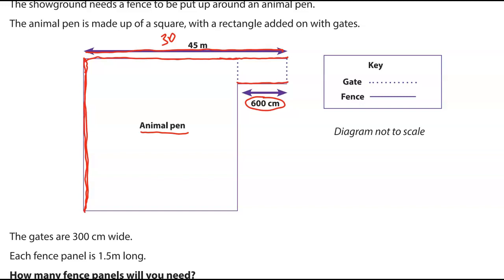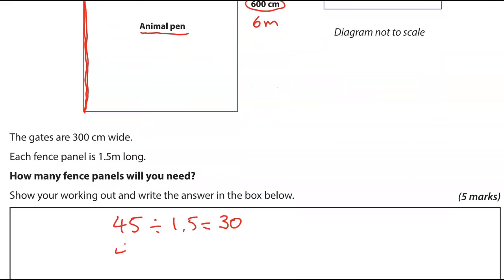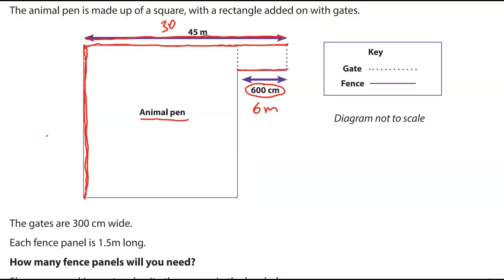Now, in 1 meter, there are 100 centimeters. So 600 centimeters is 6 meters. So if I take away 6 from the 45, gives me 39. So we now know that this is 39 meters and this is 39 meters.